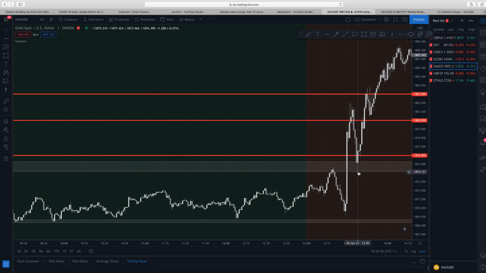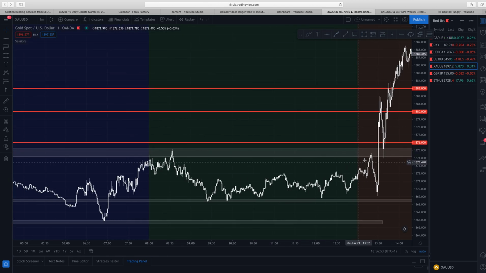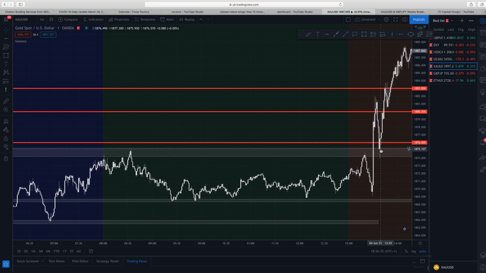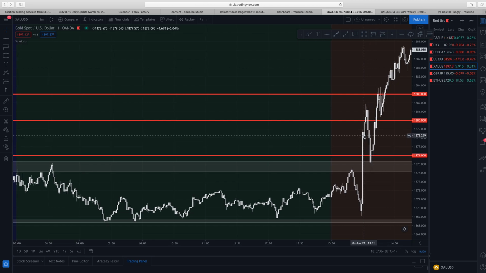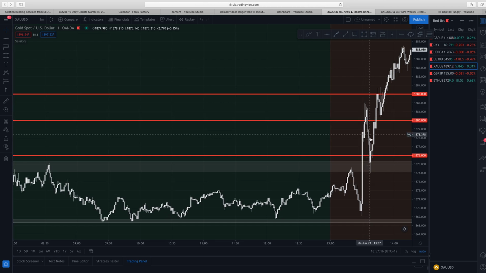You wick down into the consolidation, break and retest the consolidation, and you get the closure above the key level, respecting the key level. Also, the 30-minute closes outside the consolidation as well, which is nice. This is bullish. That's confirmation of closing outside the consolidation, and then you're getting the rejection, and then off you go.